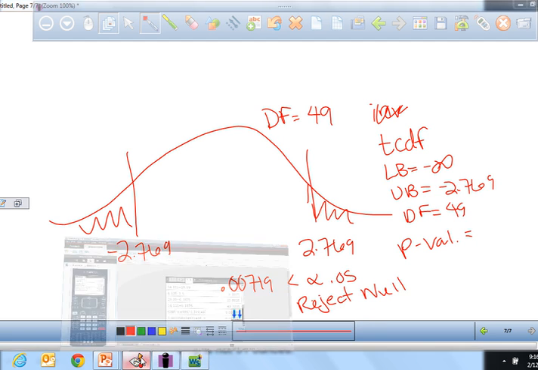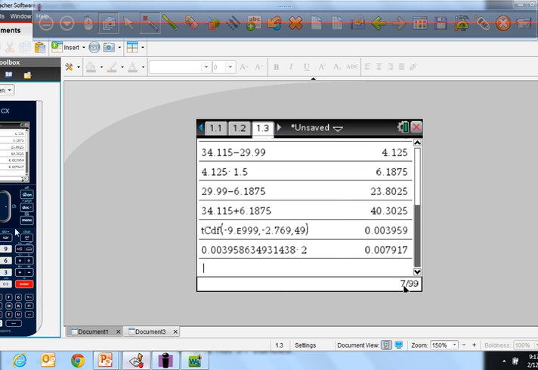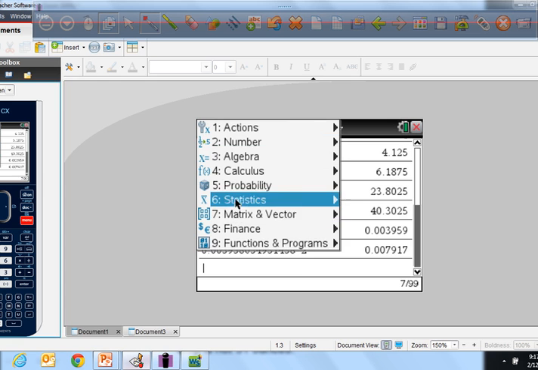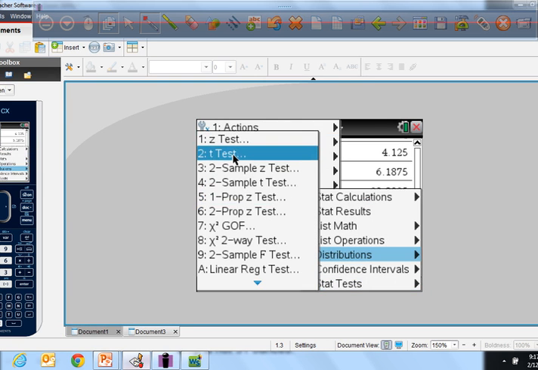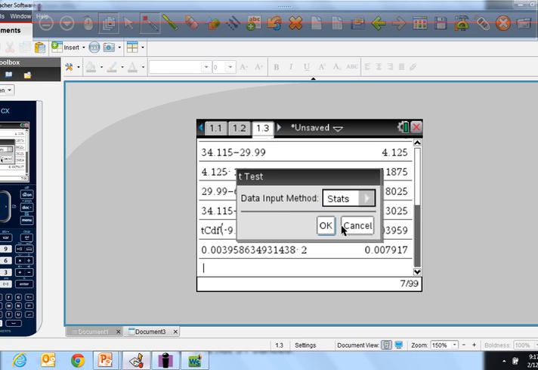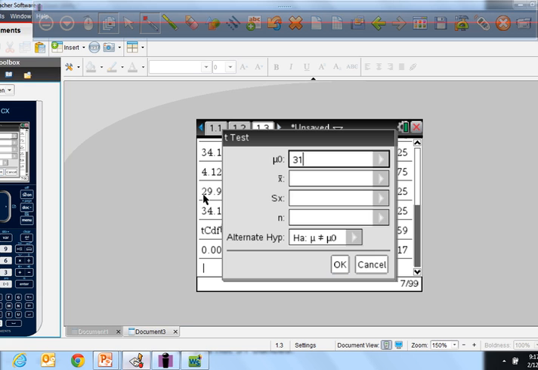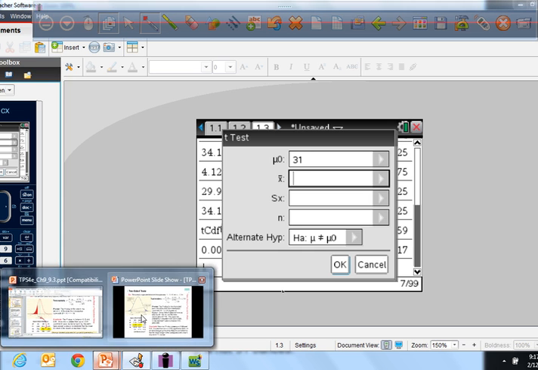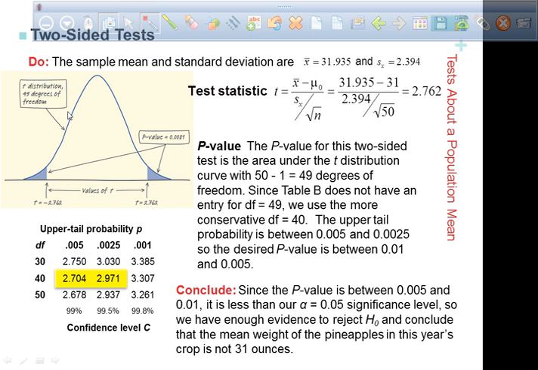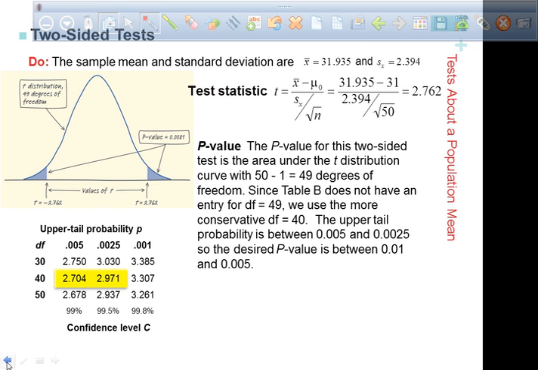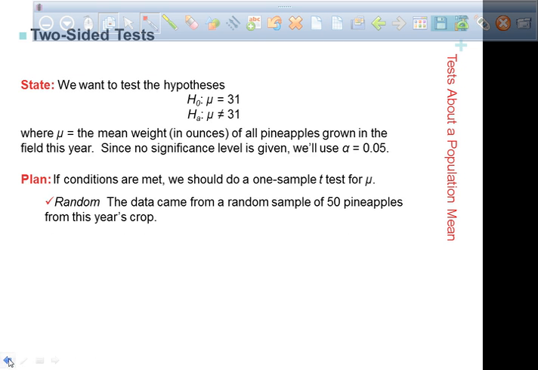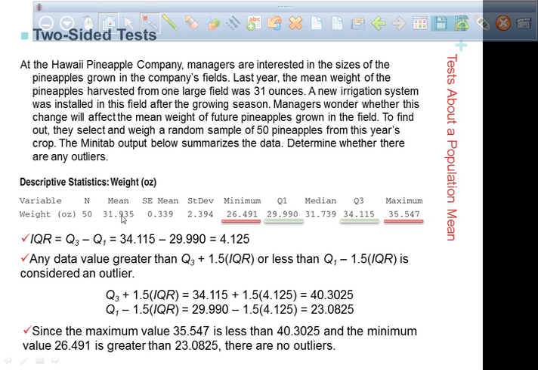Now remember that my calculator from the beginning would have done the whole thing for me again. I'm going to show you again so you see that it's in the stat tests, t-test. Now we don't have data, this time we have statistics, and we click OK, and our null is that it equals 31. Our X bar was, let's take a look at the PowerPoint real quick. Let's go back to the Minitab output. There it is. Mean is 31.935 and a standard deviation of 2.394.